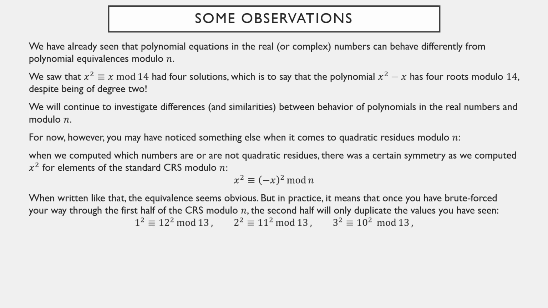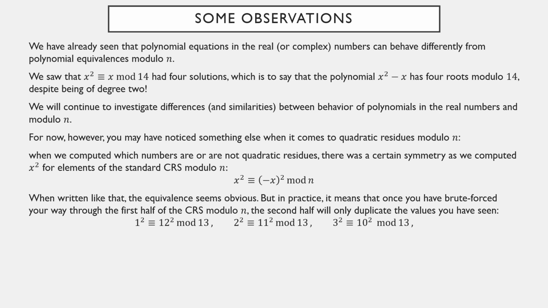So mod 13, for example, 1 squared, 2 squared, 3 squared, are equivalent to negative 1 squared, negative 2 squared, and negative 3 squared. But negative 1 is equivalent to 13 minus 1, mod 13, and negative 2 is equivalent to 13 minus 2, modulo 13. And negative 3 is equivalent to 13 minus 3, modulo 13. So negative 1, as long as we're working mod 13 in all these examples, is the same thing as 12.